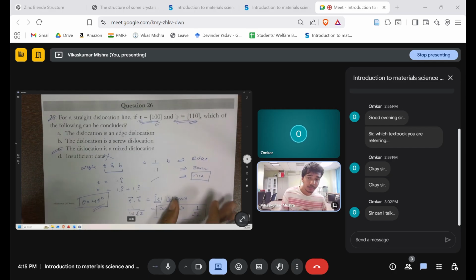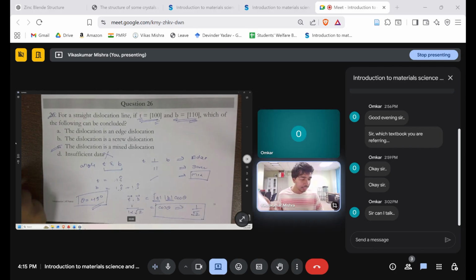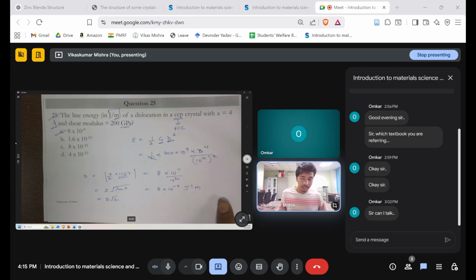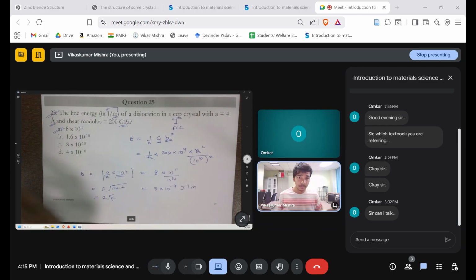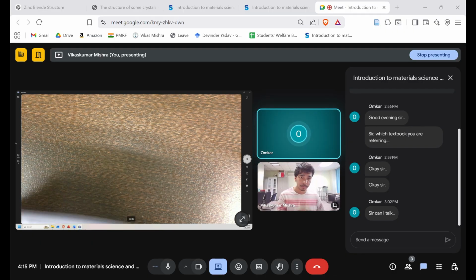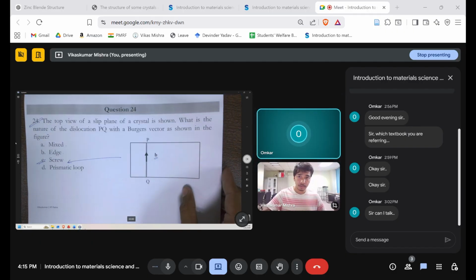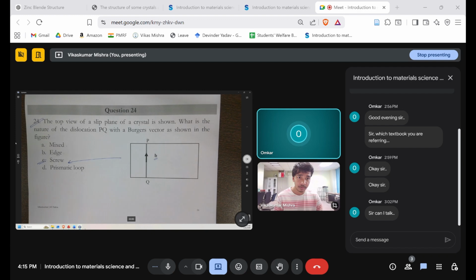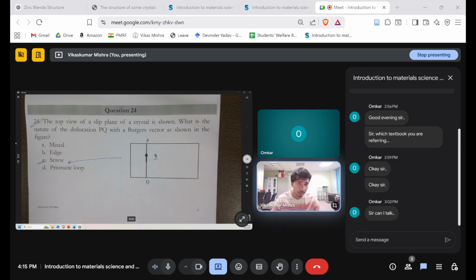Clear? Yes, sir. So, Omkar, any doubt in the session that we did for today? Sir, I have a doubt in this section, sir, will you talk about the APF, atomic packing factors? Atomic packing fraction. I did not get it, can you repeat again?